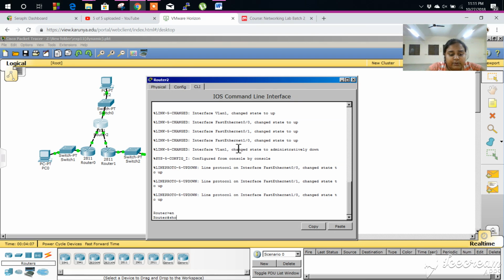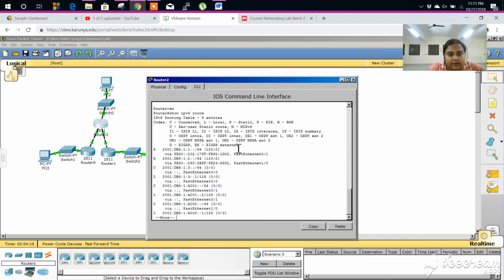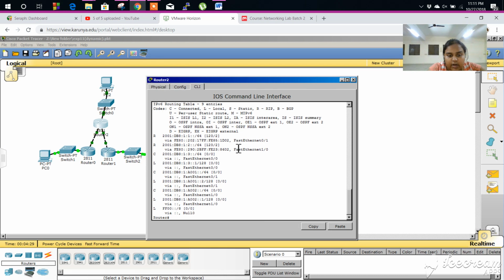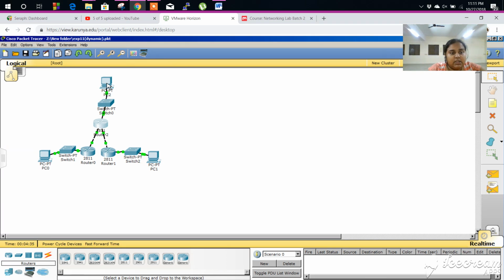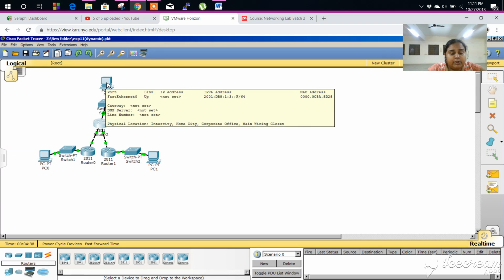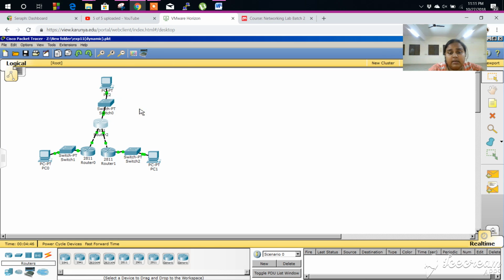Then I give show IPv6 route, enter, and here I can see the full table has been given, with the 2001 routes and the connected and local routes. We can press enter to get more until the end of the table comes, and then we can ping and see. So here I'm going to ping 2001:DB8:1:3::F.